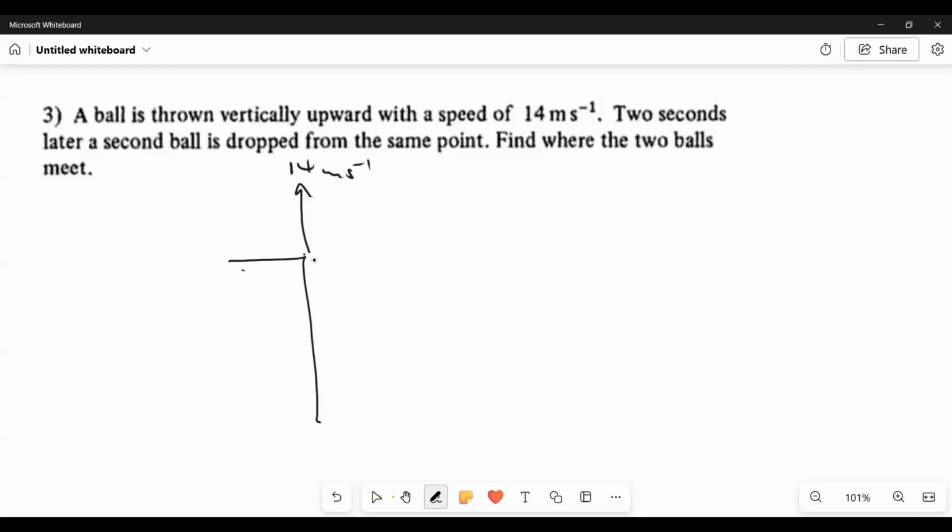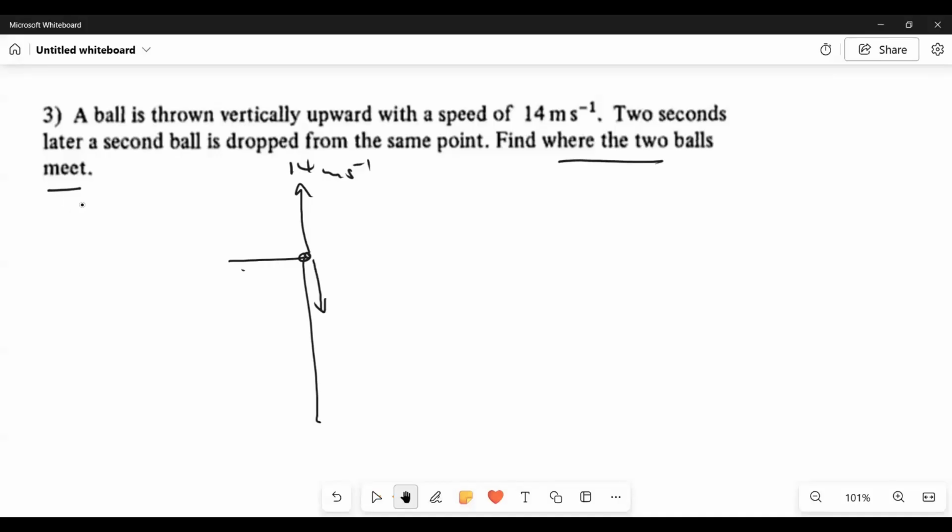And then 2 seconds later, one is dropped from the same point. So one is thrown up, and 2 seconds later, one is thrown down. They want to know where the two balls will meet.